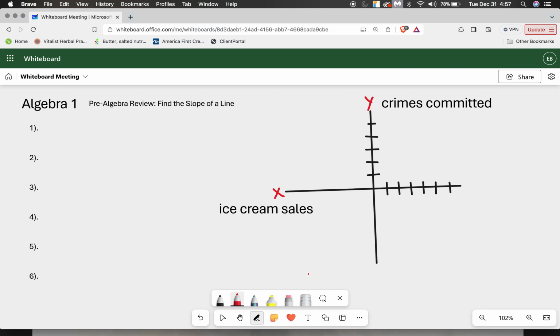The reason it's important is because it helps us visualize statistical correlations and how closely things are related. There was a really fun study, I don't know when, but they discovered something really interesting. They discovered that as ice cream sales went up in the summer, so let's say that every tick on this represents 100, let's do it in hundreds, 100 ice cream sales.